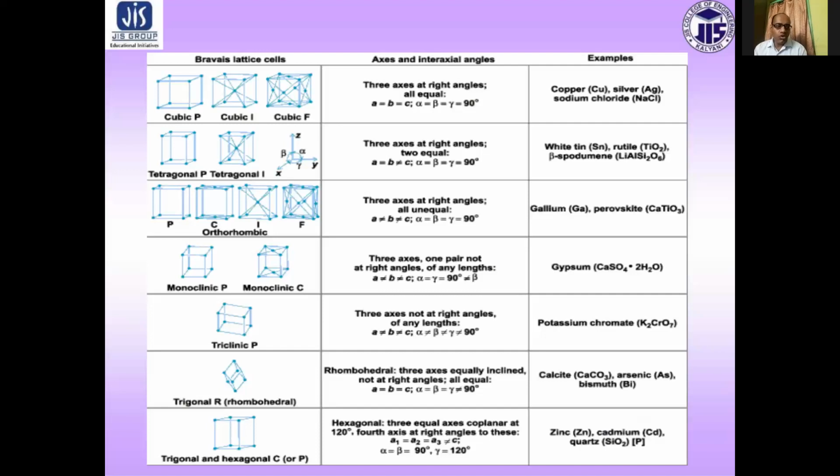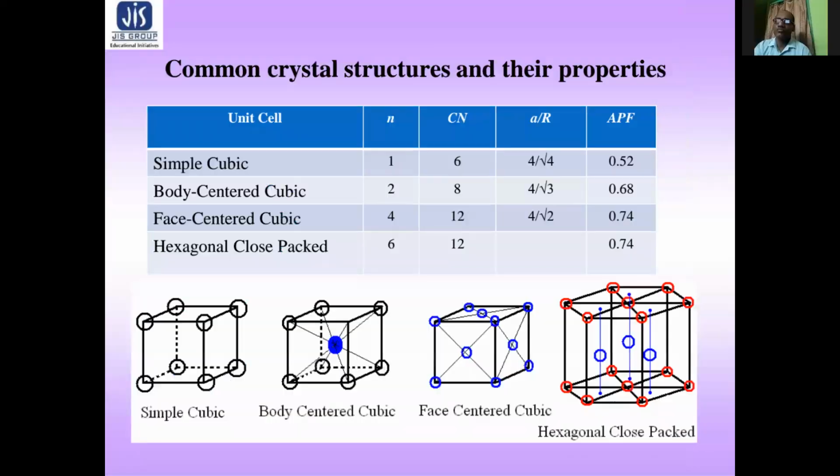The most common structures observed in metals are body-centered cubic, face-centered cubic, and hexagonal close packed. In this figure, the most common crystal structures and their properties are shown.